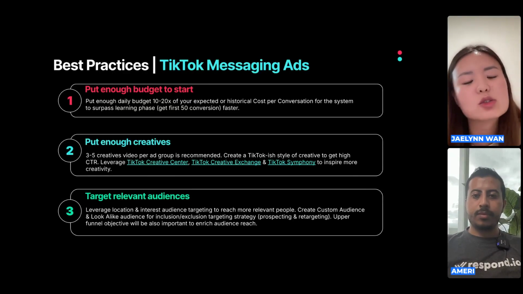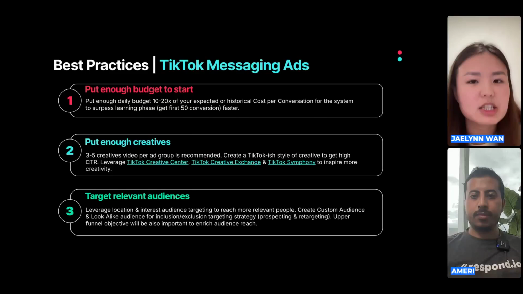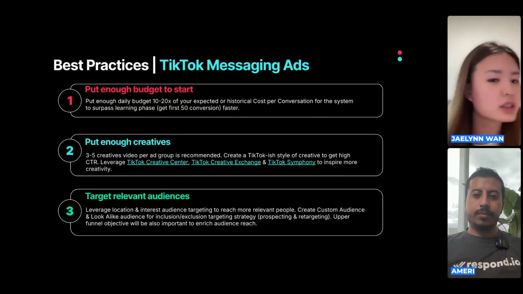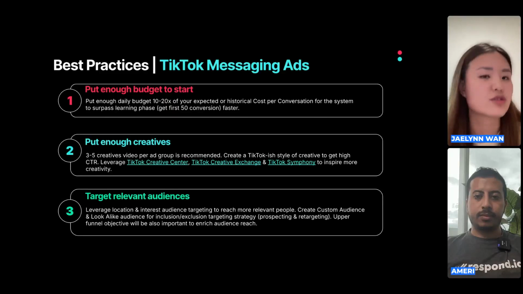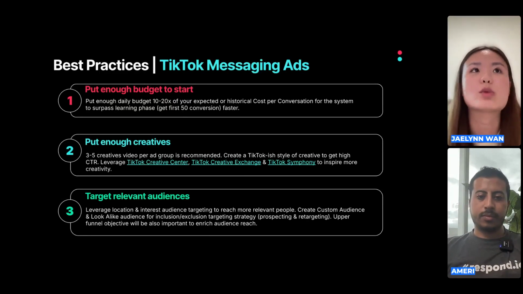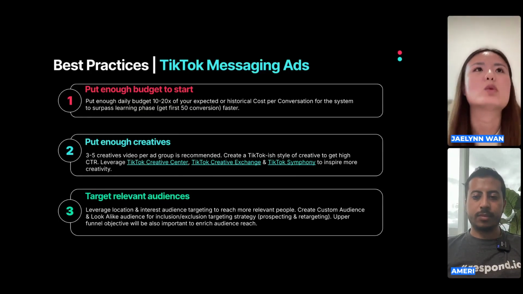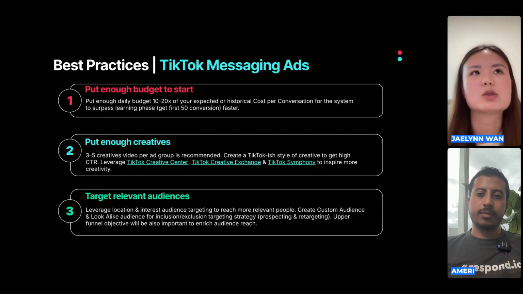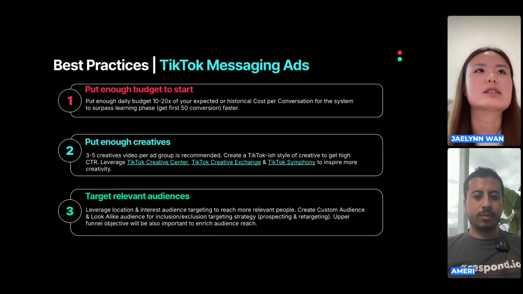It will serve it to people who are most likely interested in this industry based on their historical behavior or interests. The learning phase is something every advertiser has to go through, so it's very crucial. If we put in a sufficient budget, you'll be able to surpass the learning phase quicker, which allows for a more stable performance moving forward. So that's number one.